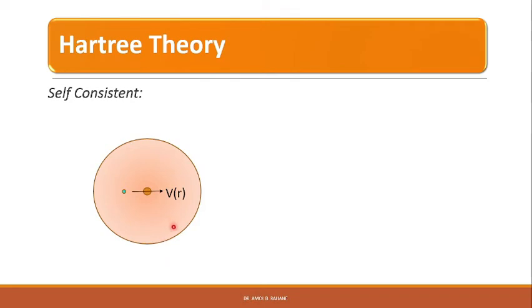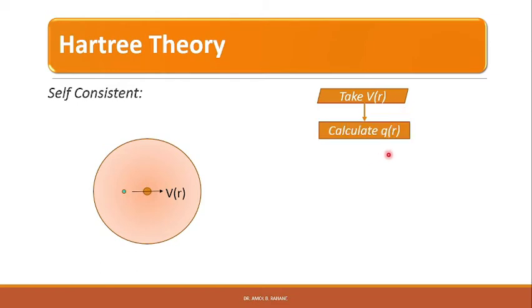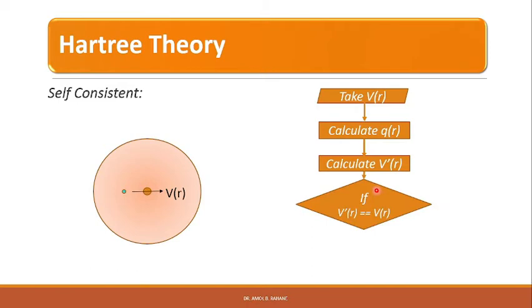So the procedure can be explained in a number of steps. Let us say this flow chart. We take the initial net potential as V of R, and from this net potential, in the next step, we calculate the charge distribution of the electrons in the atom. From this calculated charge distribution, we again calculate the net potential V prime of R, and we compare this calculated net potential with the initial net potential.